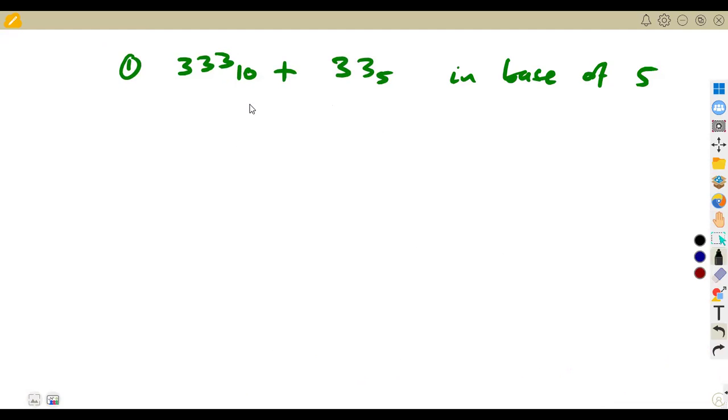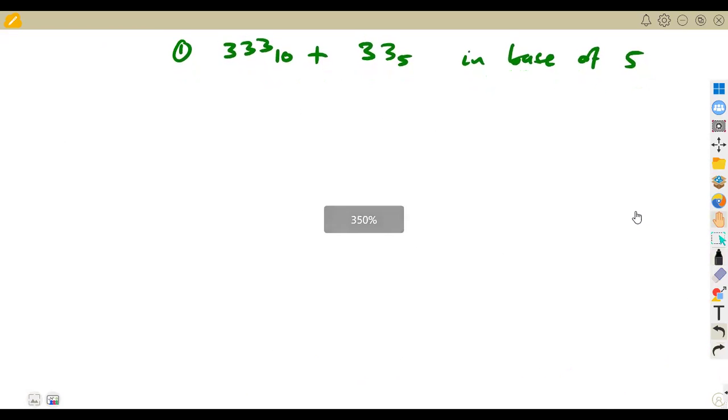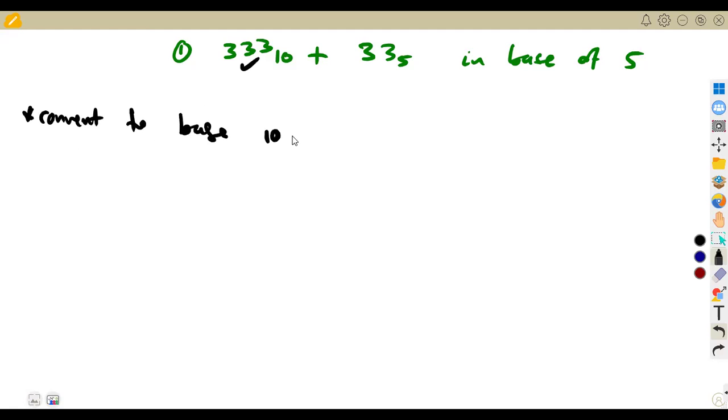So like I was saying, we can convert our numbers to base 10, then add or subtract. Here we are adding. Then we convert our answer to the required base, base 5. Let us work with that first method. Convert to base 10. This is already in base 10.